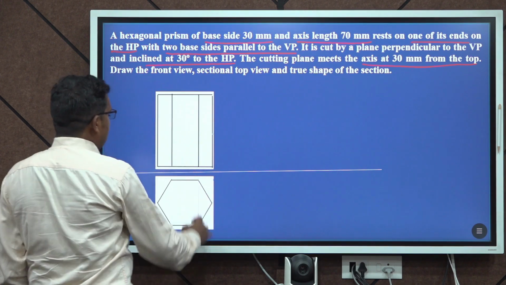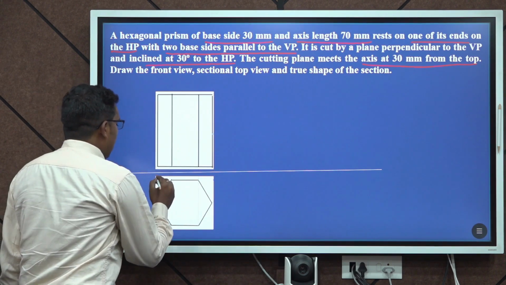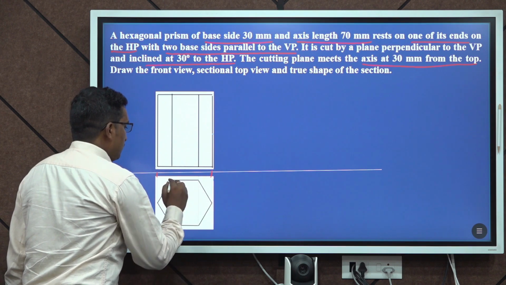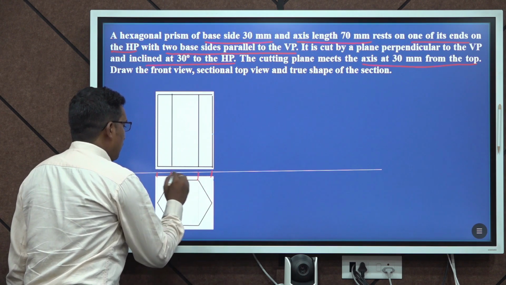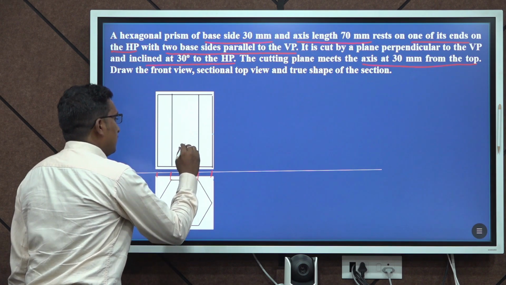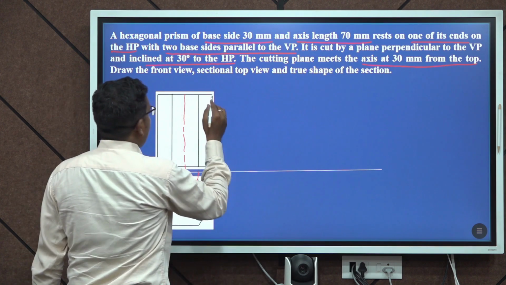After drawing the hexagonal shape for the given dimension, we have to project the lines up to the reference line, and then you have to draw the axis line up to 70 mm.